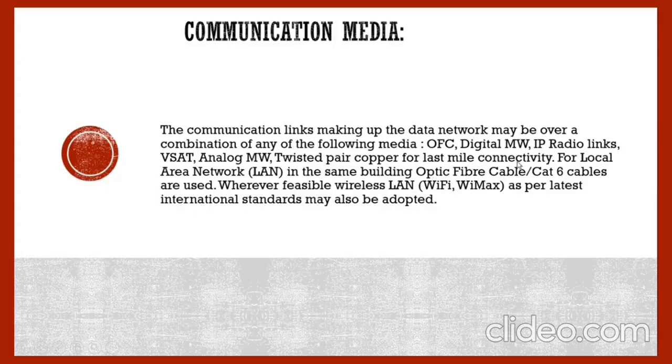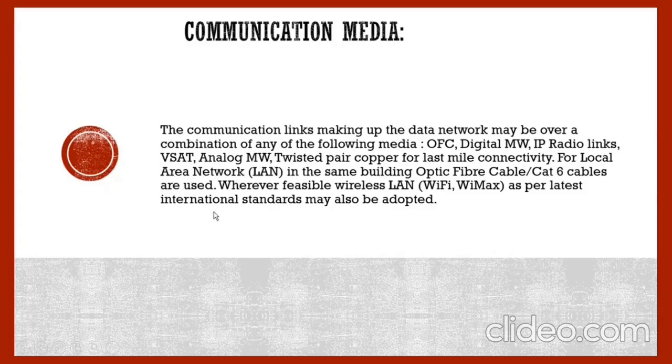One thing we should note here is LAN and WAN. A local area network is used if our devices or computers are close to each other, like in a single building, and a WAN, wide area network, is used when the devices or computers are far away from each other.